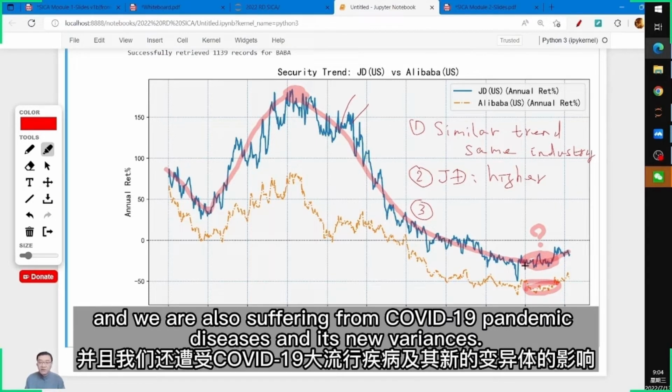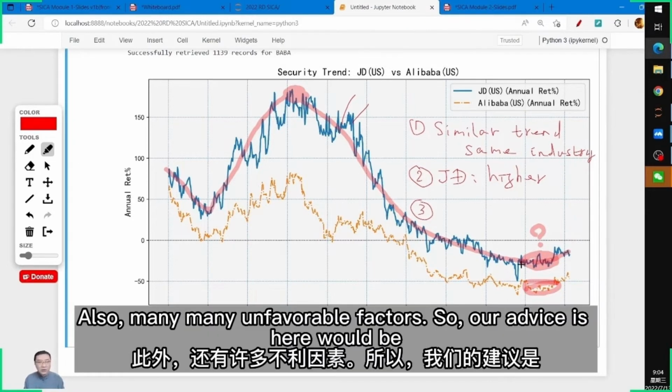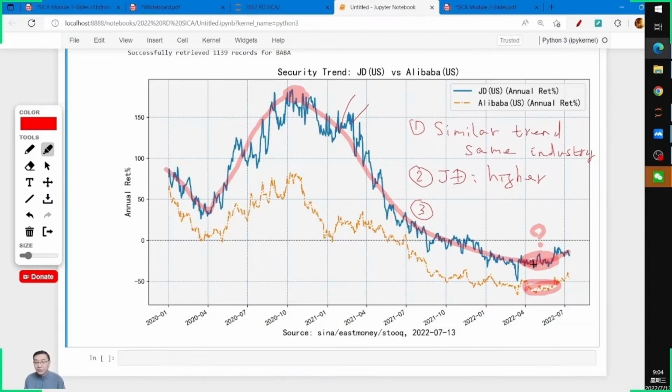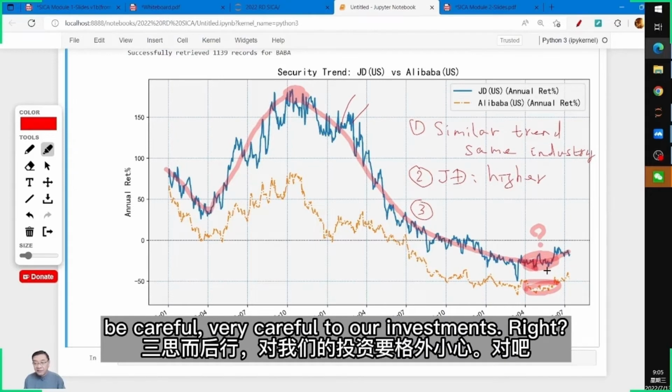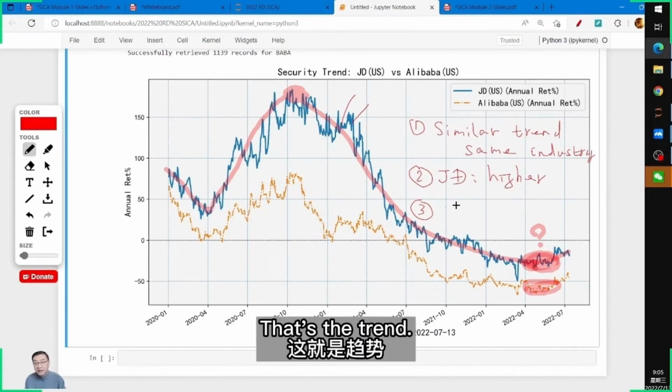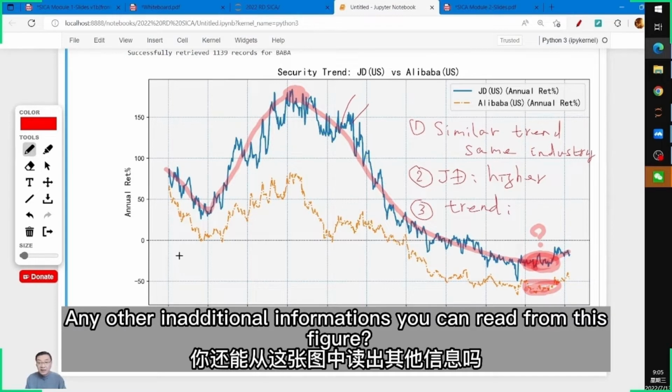And we are also suffering from the COVID-19 pandemic and its new variants. Also, many unfavorable factors. So our advice here would be to be careful, very careful, to our investors, right? That's the trend. Any other additional information you can read from this figure?